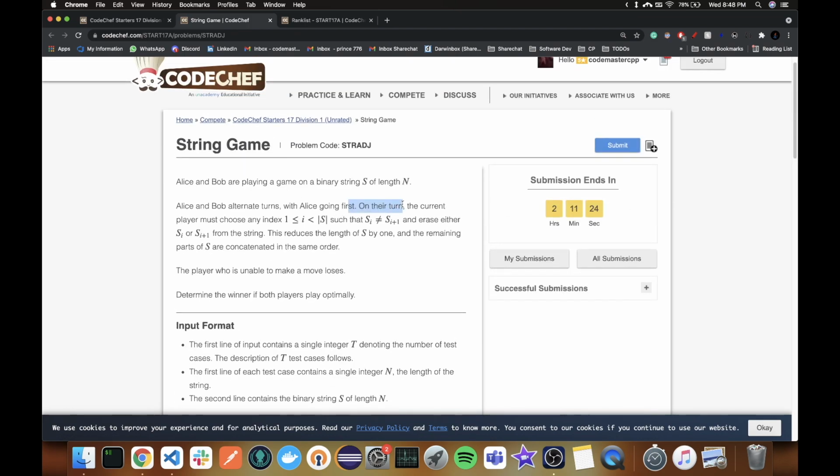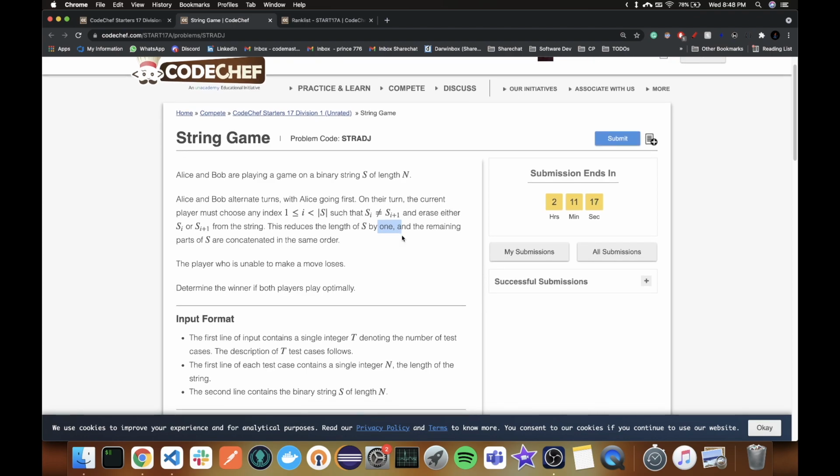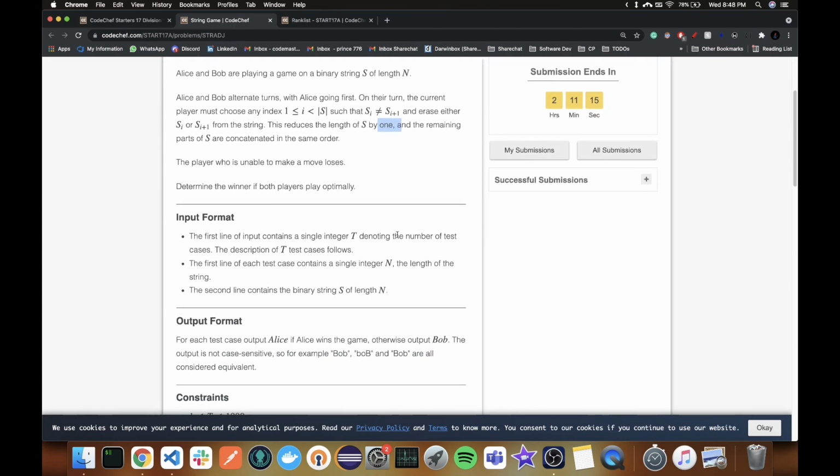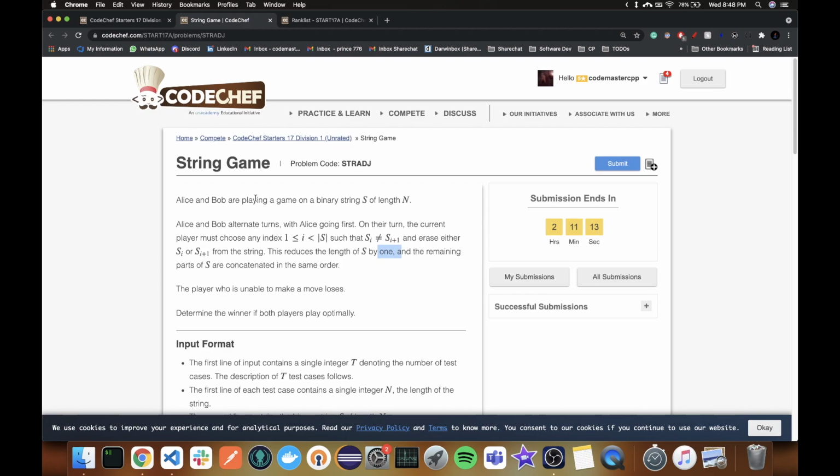So, what is this question? They're playing on a binary string. They take an index such that, okay, this is the condition. This is not equal and erase either i or i plus 1 from the string.